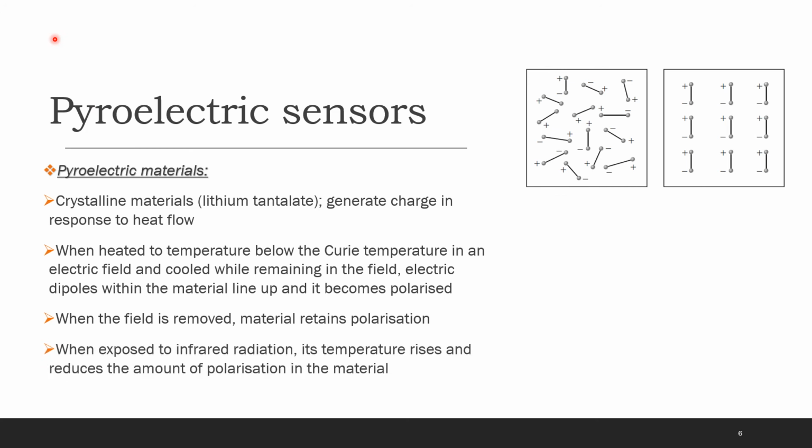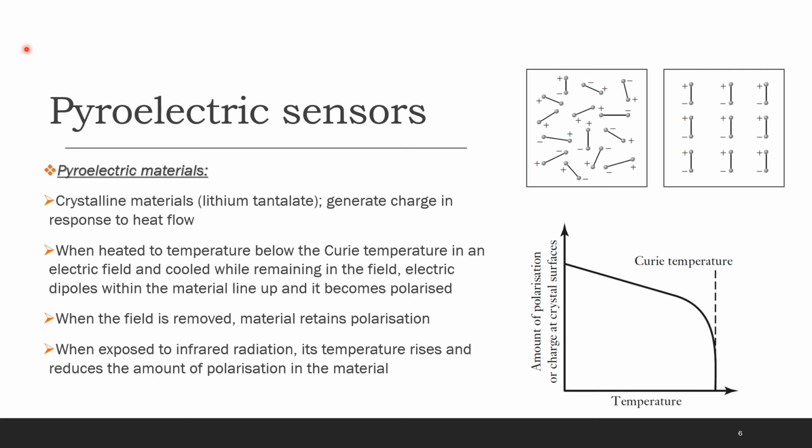Now when exposed to the infrared radiations, the temperature of the material again rises, and the polarization of the polarized body is dependent on the temperature, which is given in the second diagram. We can see in the graph that as the temperature of the material increases along the x-axis, the amount of polarization, that is the number of dipoles, will be decreasing till it reaches the Curie temperature.